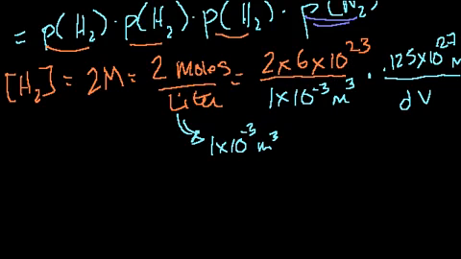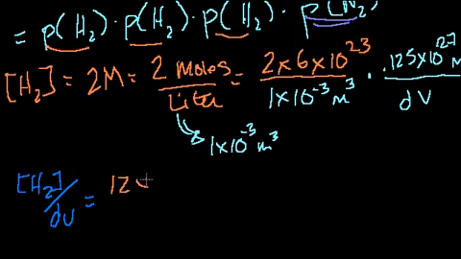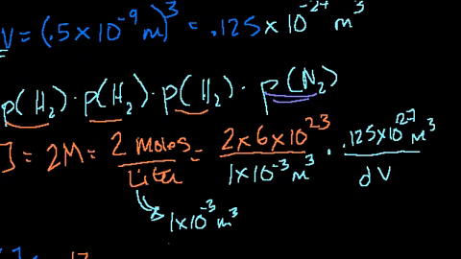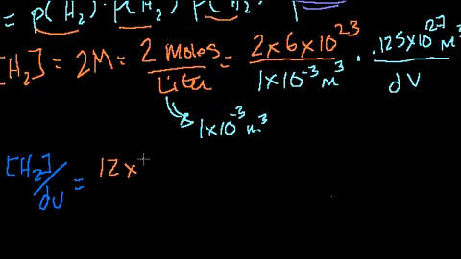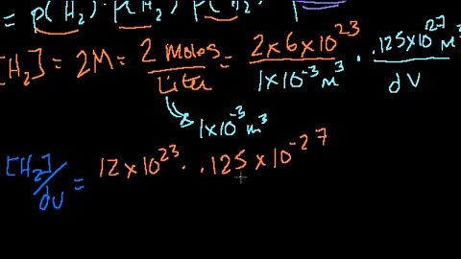So my hydrogen per box, my concentration of hydrogen per dV, is equal to 12 times 10 to the 23rd power times 0.125 times 10 to the minus 27th power. All of that divided by 10 to the minus 3, right? That's 1 times 10 to the minus 3.